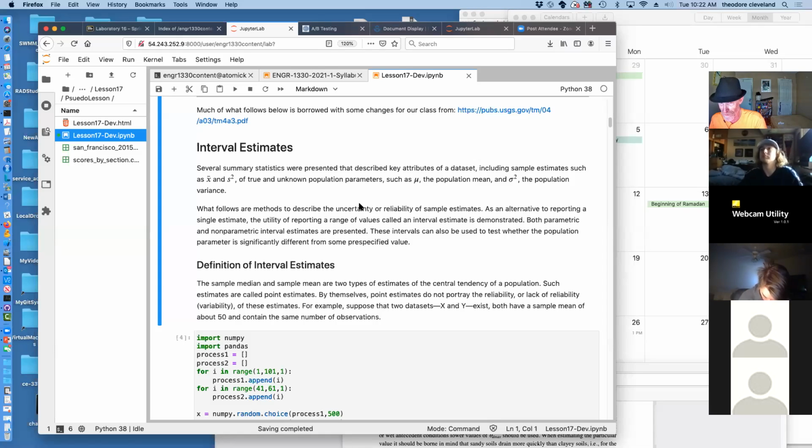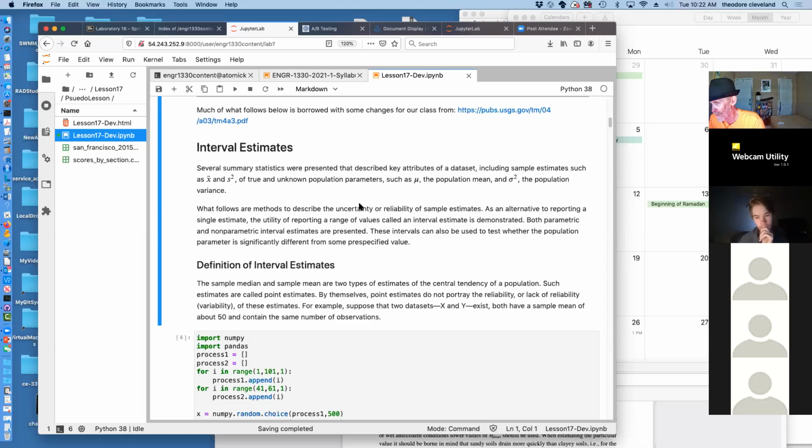And keeping this in mind, we can use our hypothesis testing ideas as a way to not only estimate a population mean, for instance. So how would you estimate the population mean at this point? I give you a sample of 50 things, and I ask you, what's the mean of the population these 50 things came from?